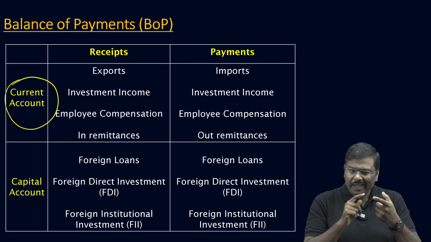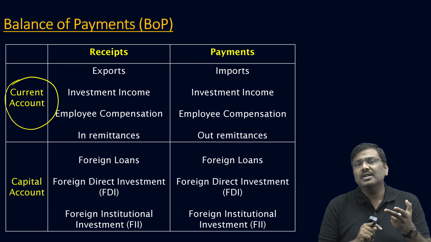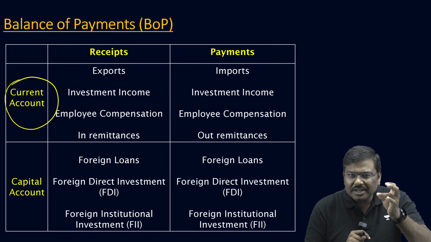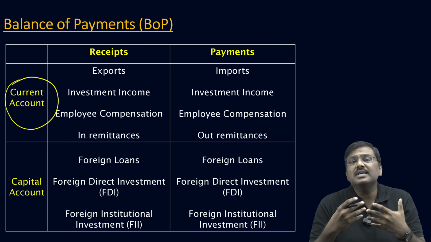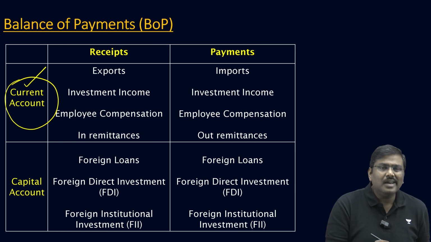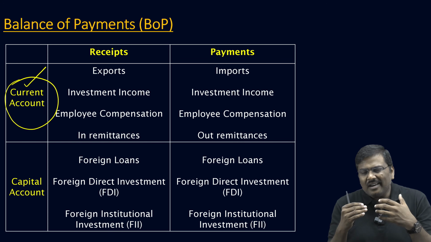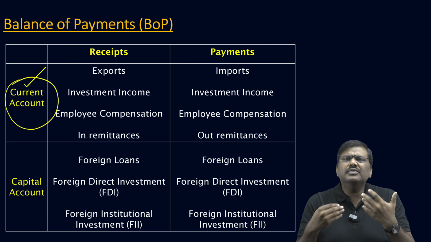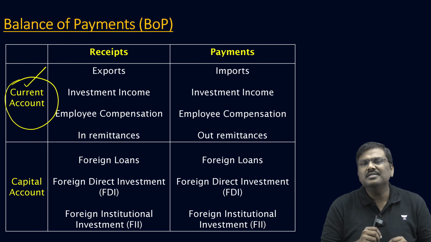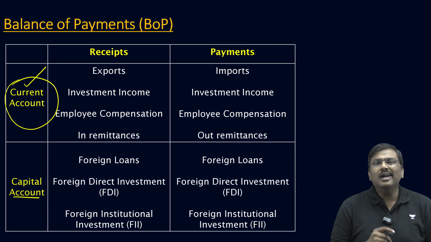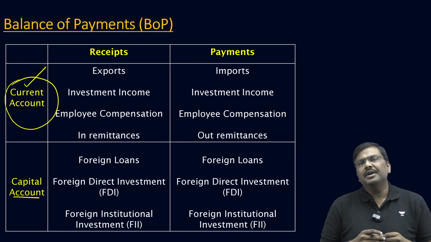I repeat, income related transactions, transfer payment transactions, or transactions related to trade, that is imports and exports of goods and services, all of those are recorded under the current account. Whereas any transaction between India and the rest of the world that will influence assets and liabilities is recorded under the capital account. Let me give you certain examples here.